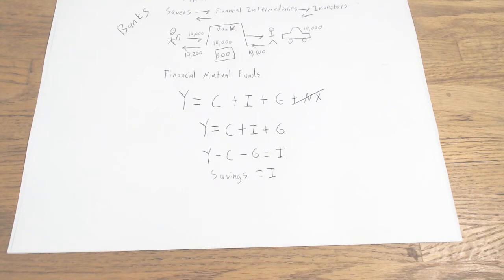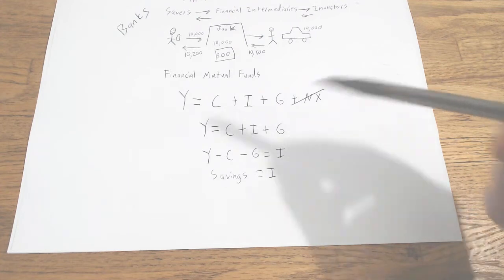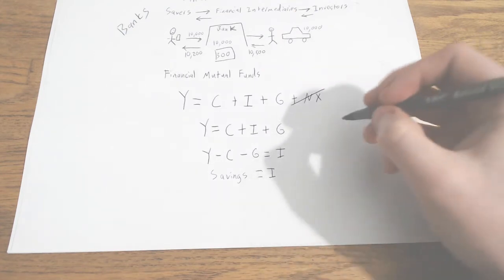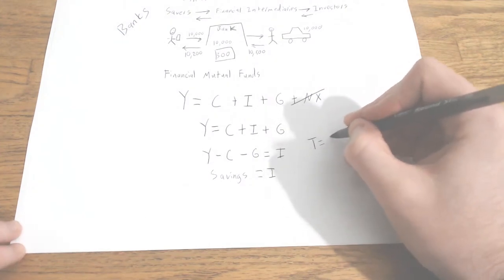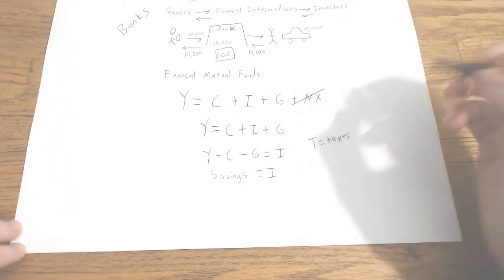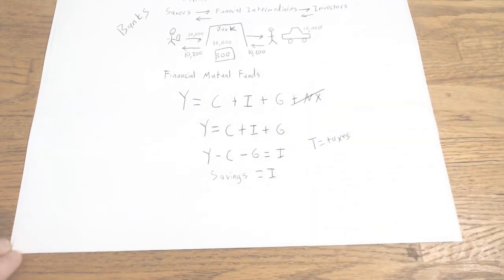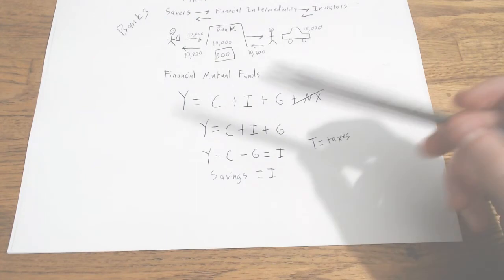We can also include taxes into this. If we want to include taxes, it's just going to be a little bit different. We're just going to add some T's. So T will be taxes. Now T represents a negative on consumption. Right? It's going to decrease consumption, or it'll decrease the income of people, which will generally decrease consumption.